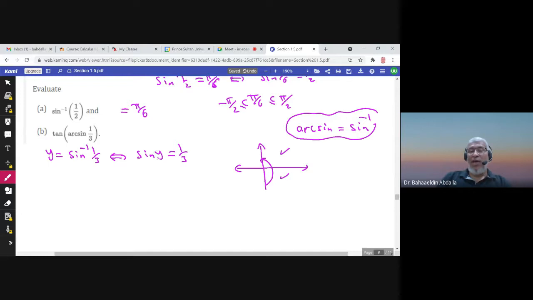So this y should be either in the first quadrant or in the fourth quadrant. But the sign of this y is positive. Sign here is negative, sign here is positive. So y is an angle in the first quadrant.